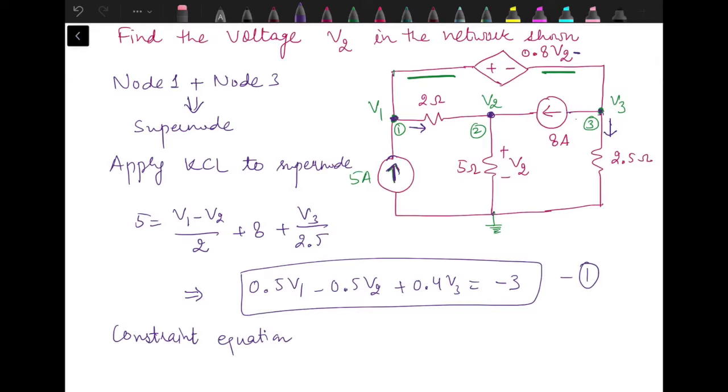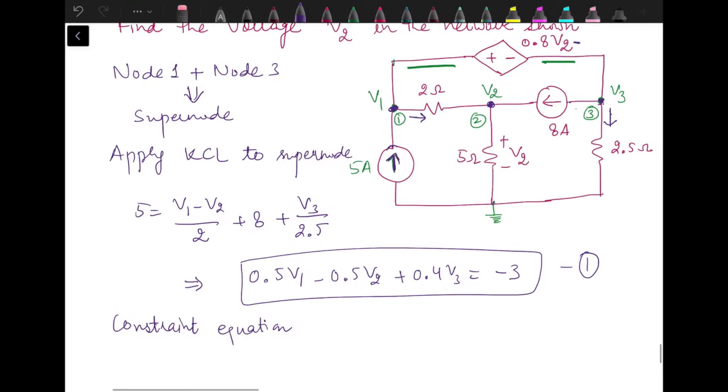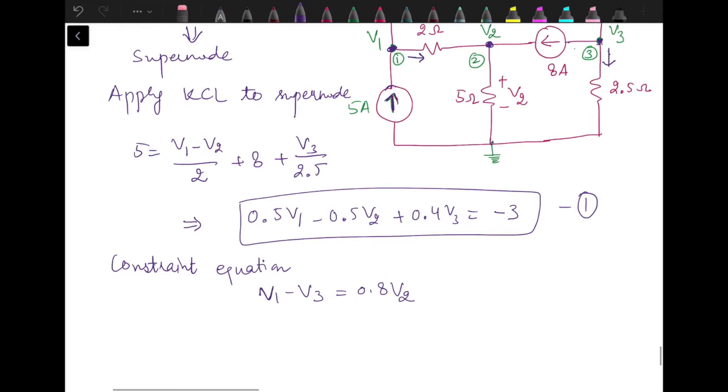Now what is the constraint? That V1 minus V3 should be equal to 0.8 V2. Why V1 minus V3? Because node 1 is connected to the positive terminal of the voltage source. So V1 minus V3 equals 0.8 V2, which gives the second equation: V1 minus 0.8 V2 minus V3 equal to 0.